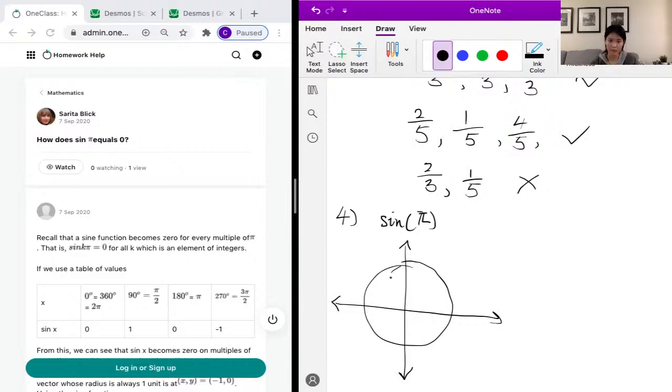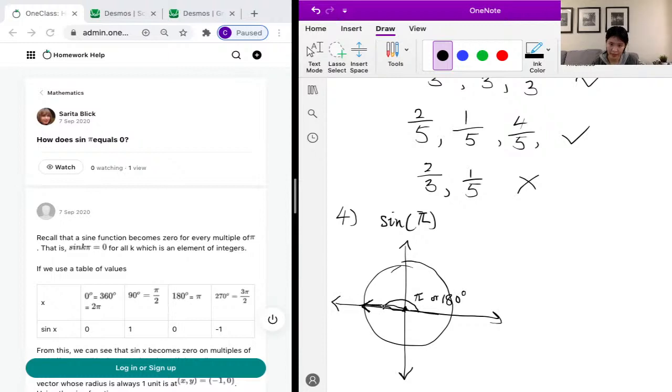Okay, so the circle lies on the origin, and you start counting from the positive x-axis. So the angle starts counting counterclockwise from the positive x-axis, and pi radians is 180 degrees. So this is our pi radians, or 180 degrees angle over here.